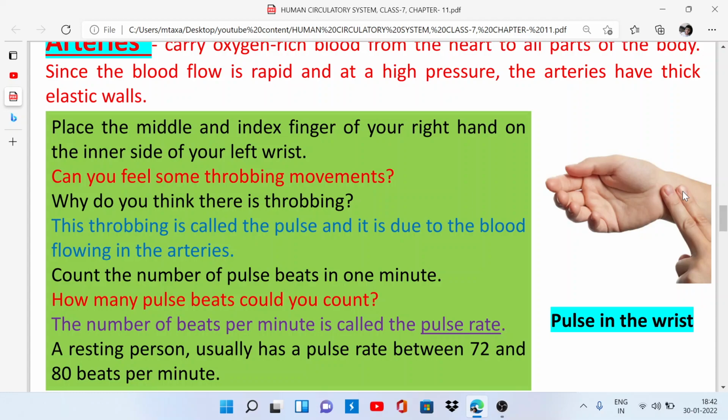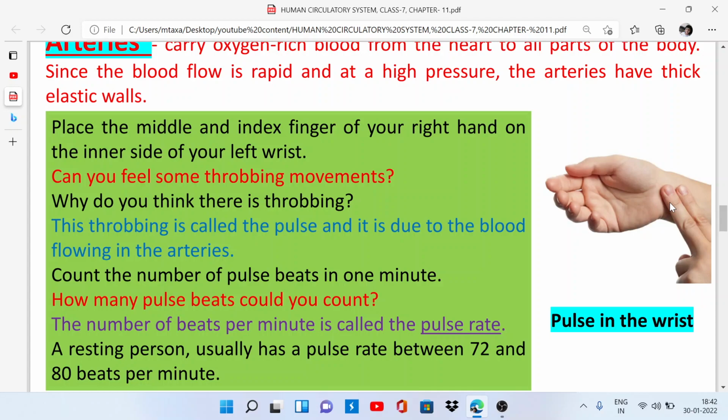Can you feel some throbbing movement? Why do you think there is throbbing? Throbbing is called the pulse, and it is due to the blood flowing in the arteries from the heart. The heart is pumping the blood to the arteries.